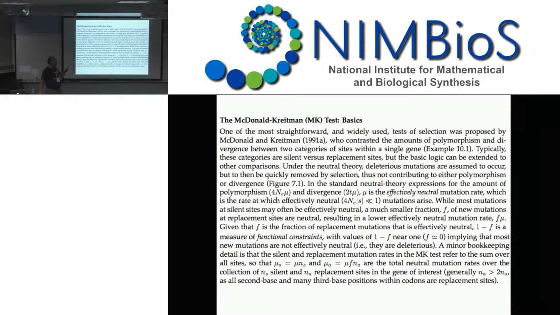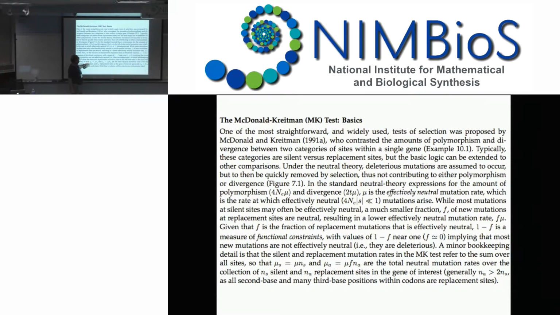So McDonald-Kreitman assumes that there are genes under selection, but almost all the mutations are deleterious, and they're so deleterious that when they arise, they don't contribute to divergence, and they also don't contribute much to polymorphism.